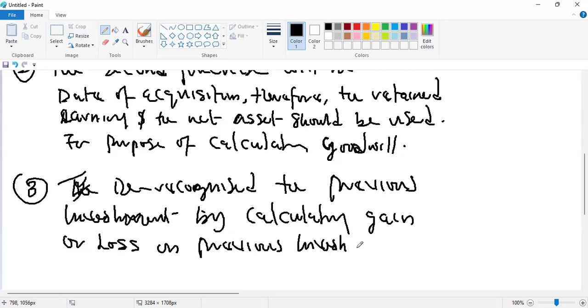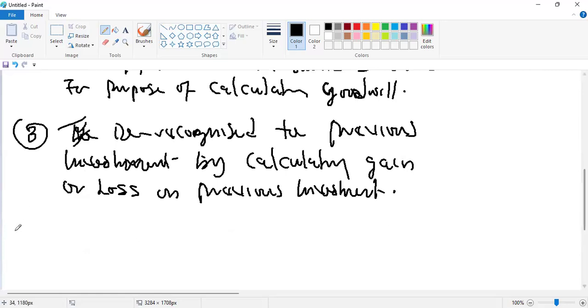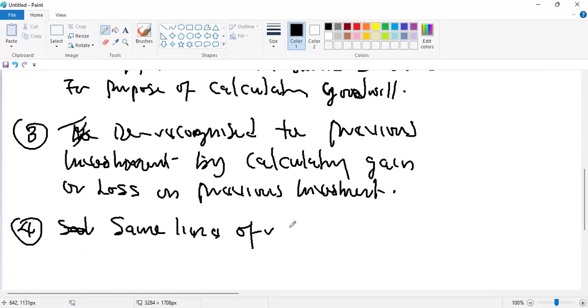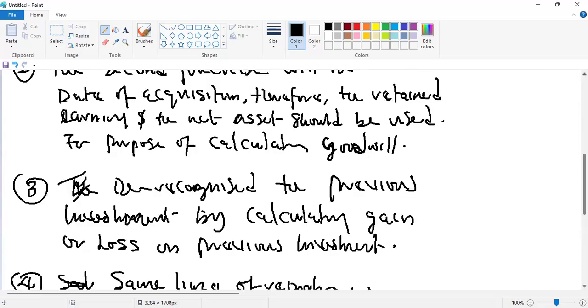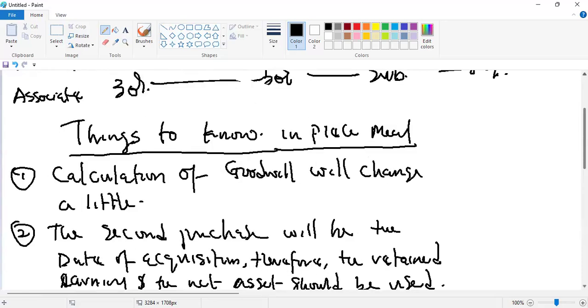That is it. Then fourth, are they in the same line of reporting? Same line of report. We will now take all these one after the other.